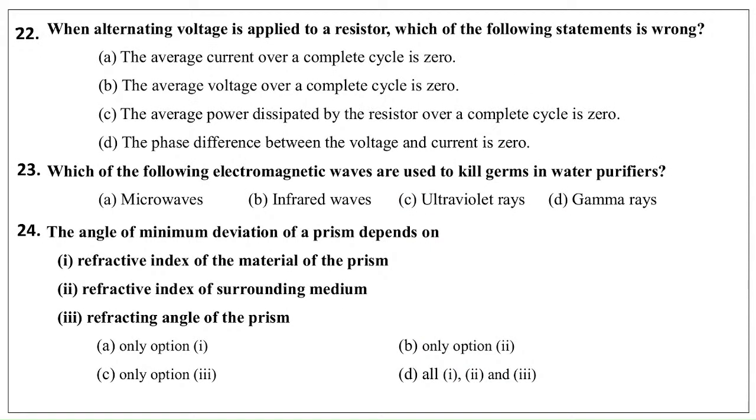When alternating voltage is applied to a resistor, which of the following statements is wrong? Answer is C. The average power dissipated by the resistor over a complete cycle is 0. Next. 23. Which of the following electromagnetic waves are used to kill germs in water purifiers? Answer is C. Ultraviolet rays.